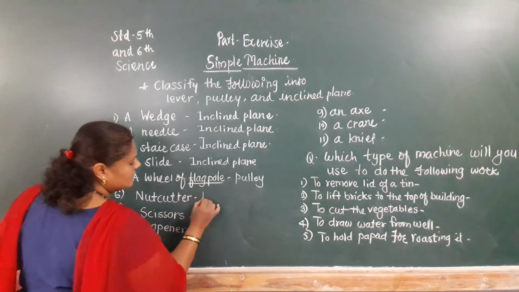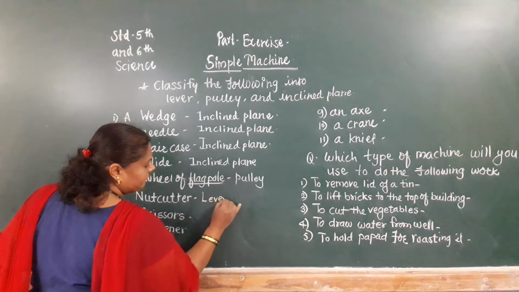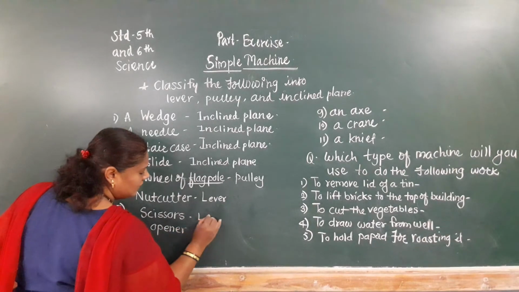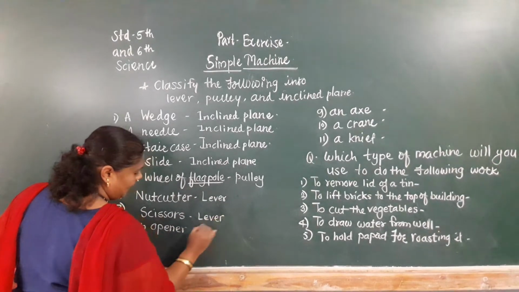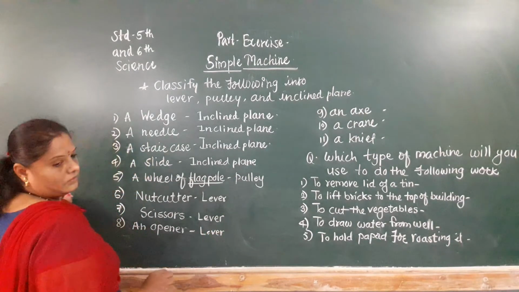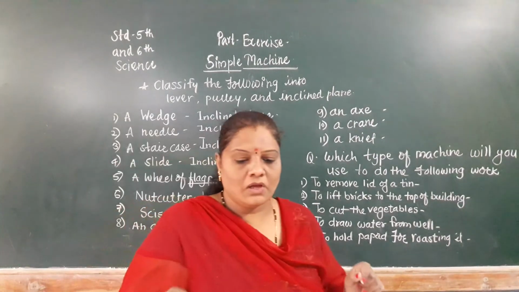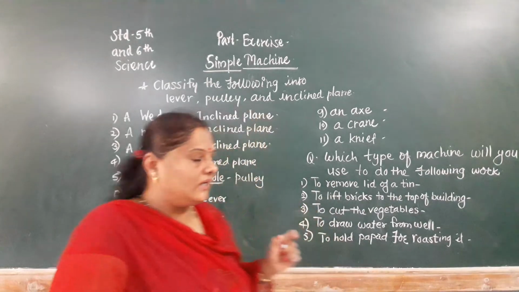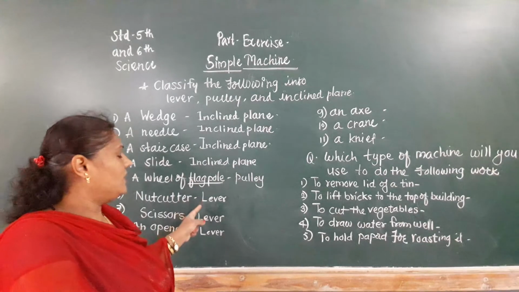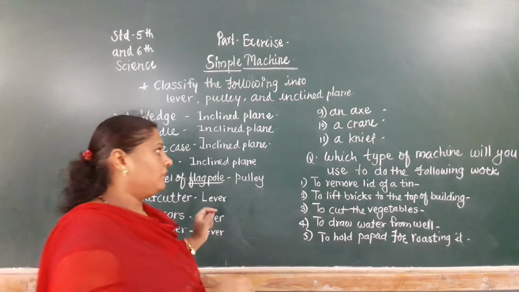Nut cutter is a type of lever. Scissor, it is also a lever. An opener is also a lever. Here we should not mention whether it is first order, second order or third order, only mention that it is a type of lever. Okay.